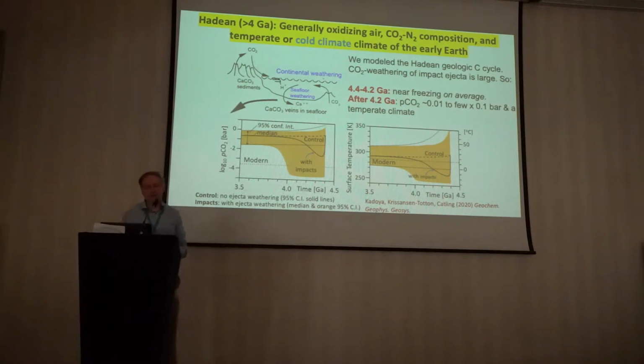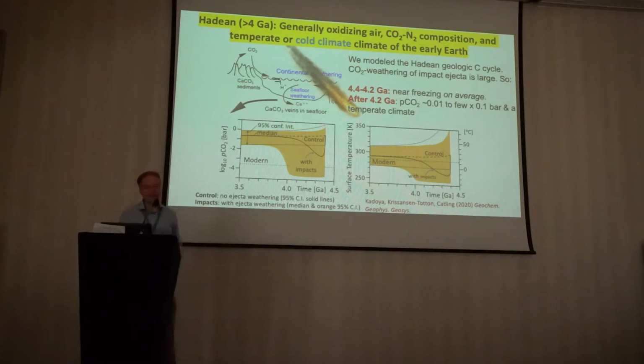So we can model the carbon cycle, and we've done it for recent geological history, and all we did is just, well, let's extend that way back into the past, into the Hadean, before 4 billion years ago. But we have to add in impacts, because there are many of them on the early Earth, and the impacts create a lot of ejecta, which is very easily weathered by carbonic acid, and it acts as a big sink.